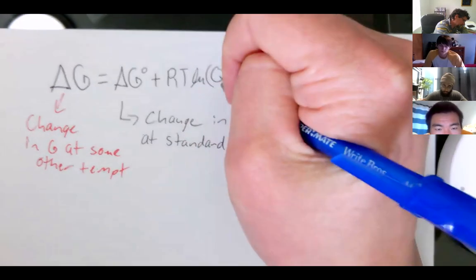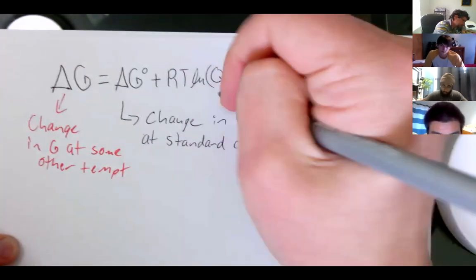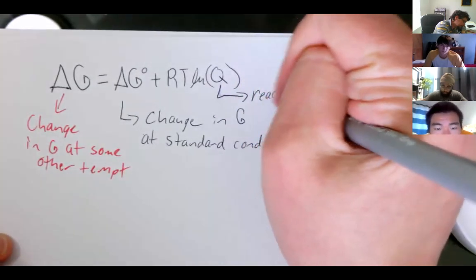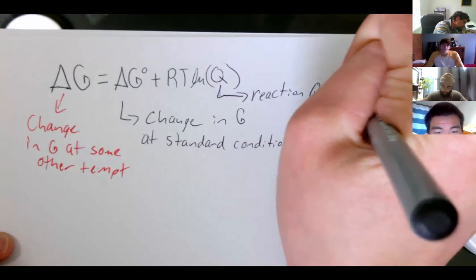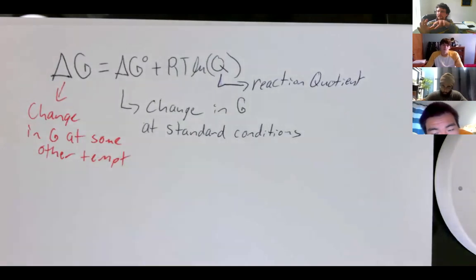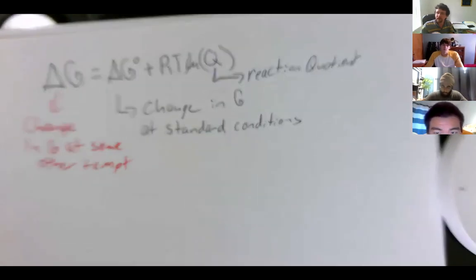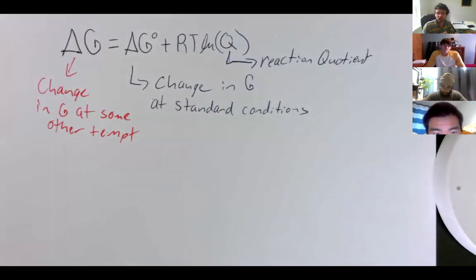The reaction quotient. Yep, this is the reaction quotient. It's a little bit different than the equilibrium constant. It's like an equilibrium constant before equilibrium is achieved.